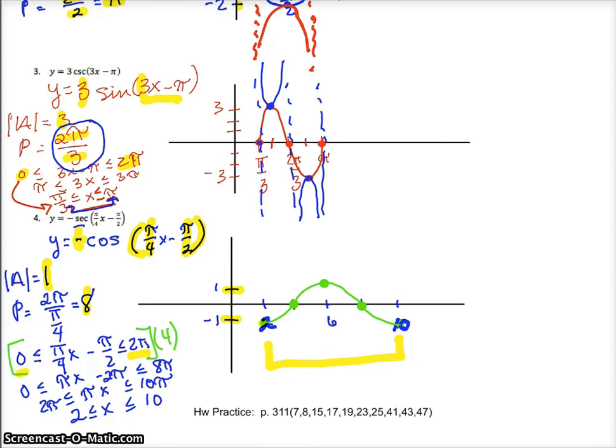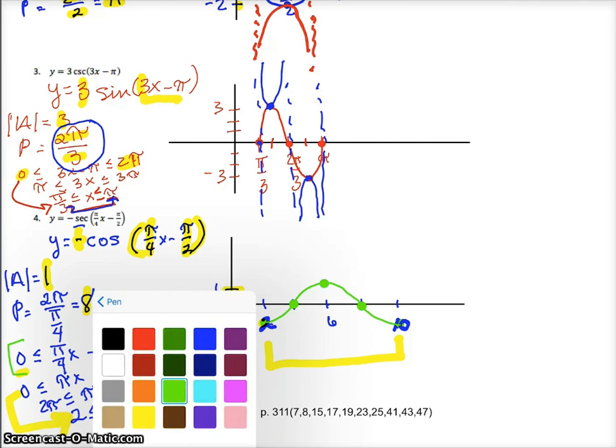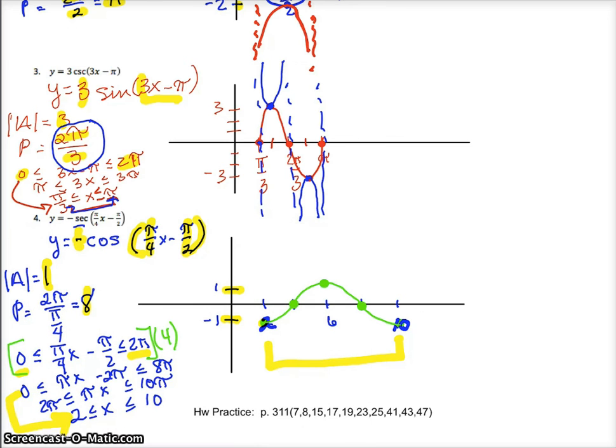So our phase shift is 2 units to the right, or 2 radians to the right. And so now let's sketch secant right on top of this. Everywhere that cosine equals 0, secant will be undefined. Where cosine opens up, secant will open down. And where cosine opens down, secant will open up.